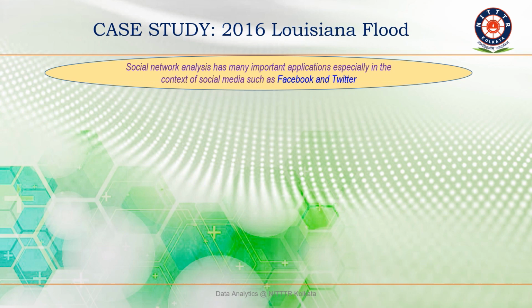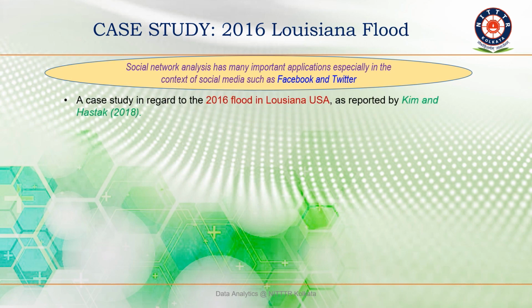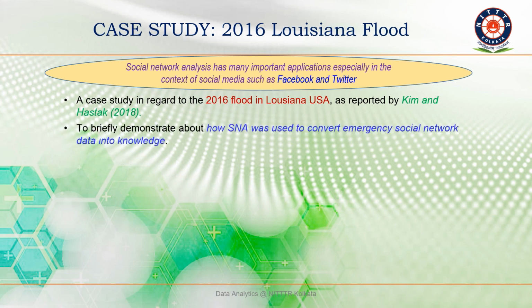Kim and Hashtag in 2018 reported a case study regarding the 2016 flood in Louisiana, US, to briefly demonstrate how social network analysis was used to convert emergency social network data into knowledge.